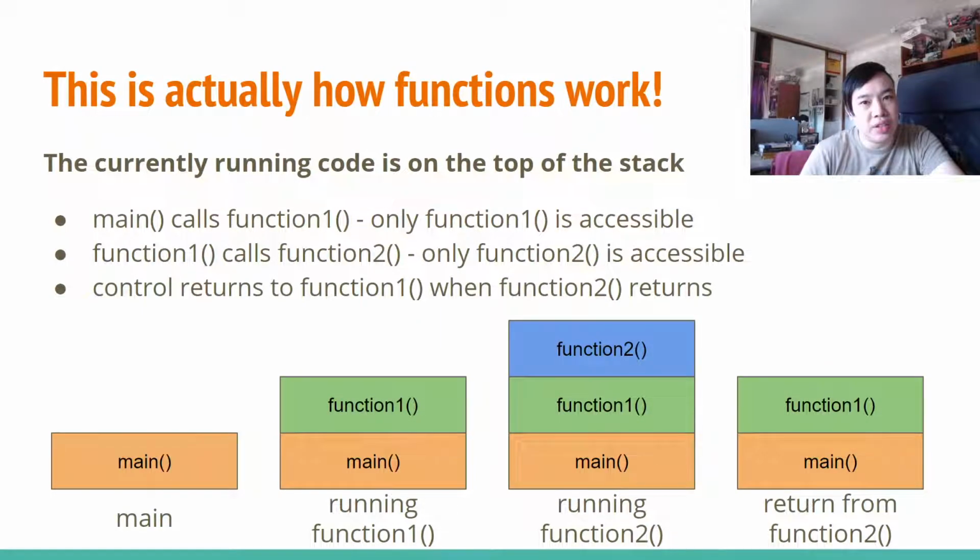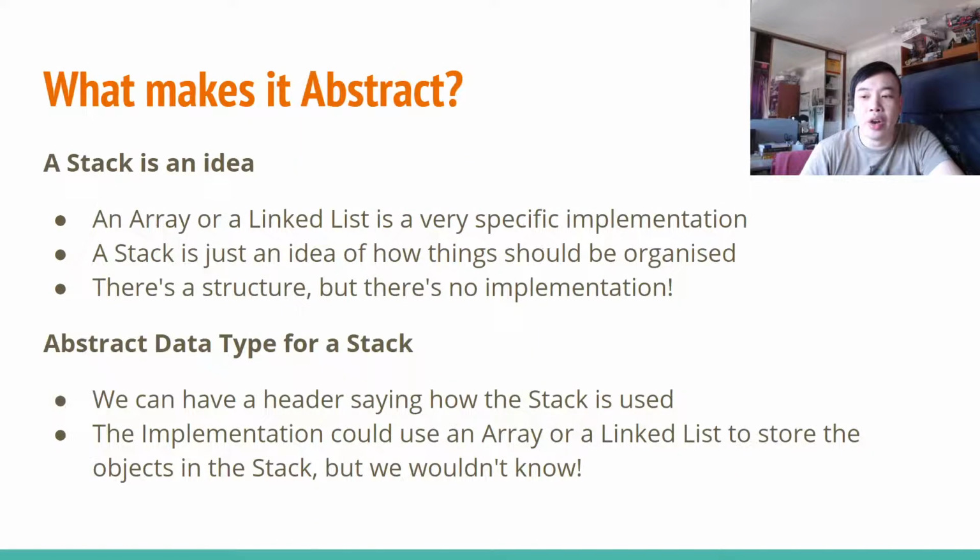It's thinking about ideas and thinking about how you want to solve problems, and then only later are you going to specifically translate these things into the particular language you're using at the time. So a lot of what I'm trying to teach you in this course is how to think about logically solving problems, and then also how to translate that into C.